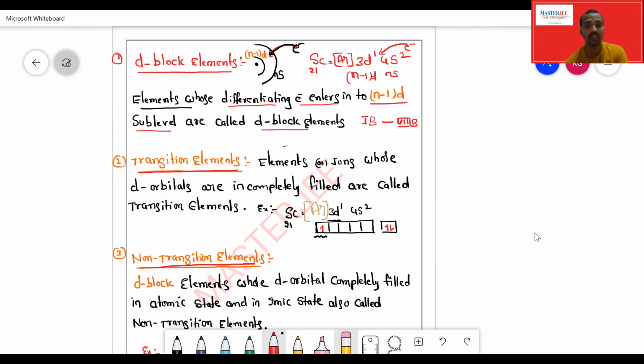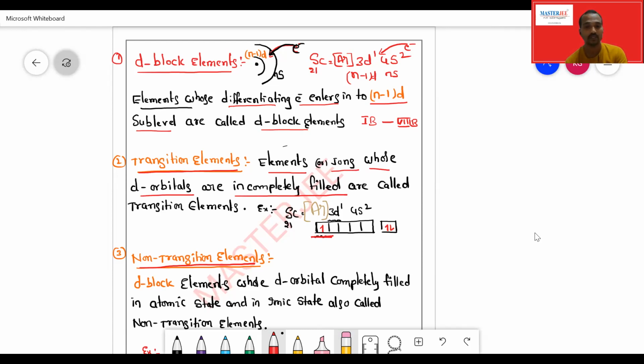Transition elements are elements whose d orbitals are incompletely filled in their atomic form as well as in their ionic form. That means at least one unpaired electron should be present.